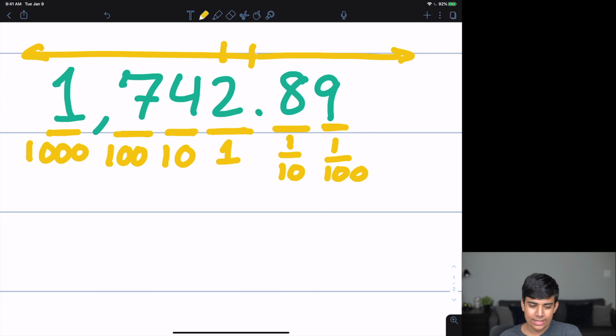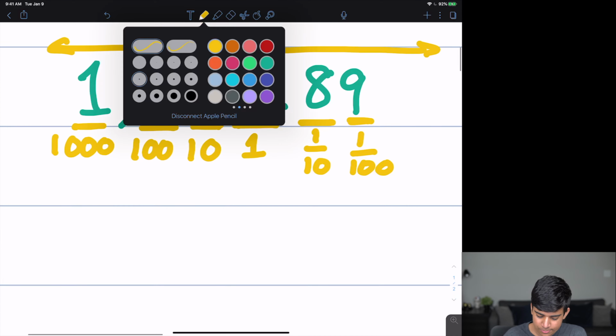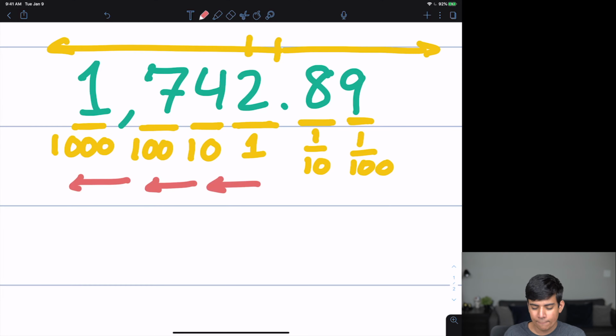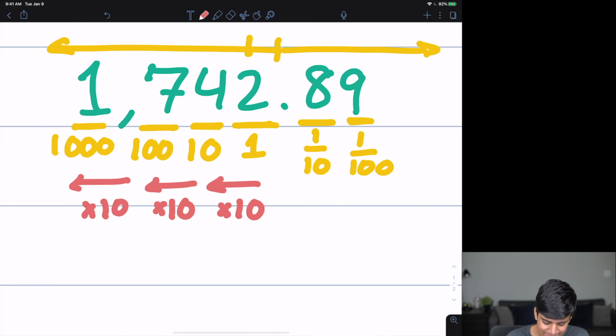And now you may notice, and what your teachers may have taught you, is that as you move up by every single place within a number, you are multiplying by 10. If you notice, 1 times 10 equals 10. 10 times 10 equals 100, and 100 times 10 is equal to 1,000.